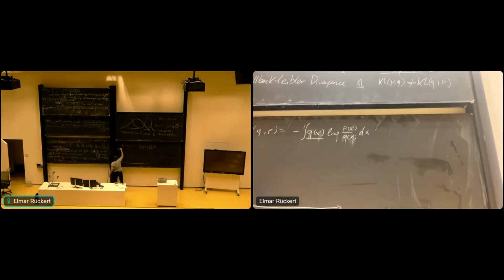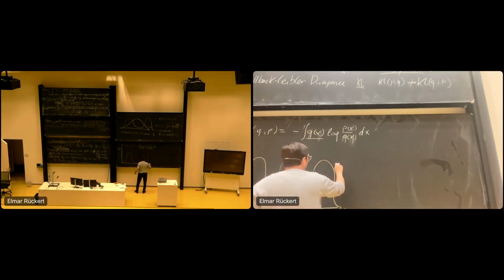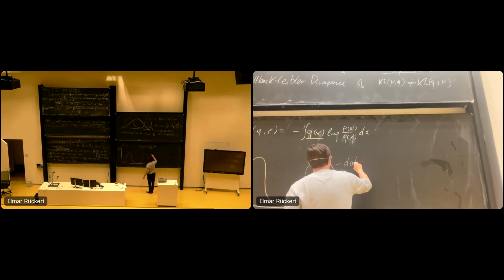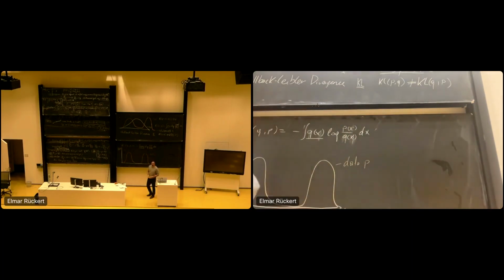here we have the probability density function over x. In our case, we had our data, P, and I will sketch now a model.